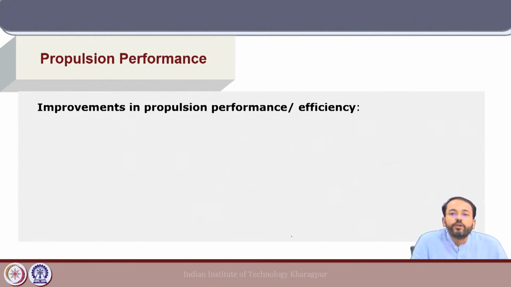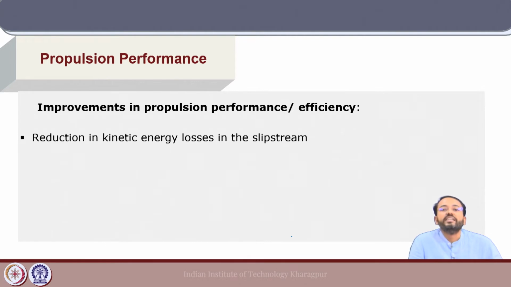Now, it is very important to understand how improvements can be made in the propulsion performance or the propulsive efficiency for a vessel. There are certain ways in which energy losses occur in the propulsion system, and if they can be reduced, then that is one way of improving the propulsion performance. The first point here is the reduction in kinetic energy losses in the slipstream.